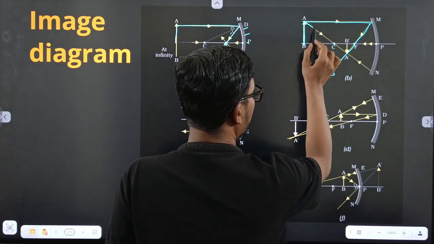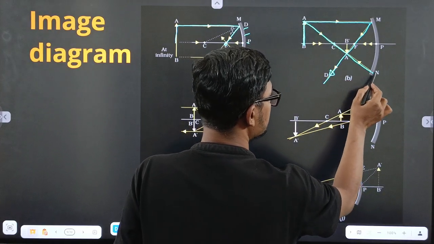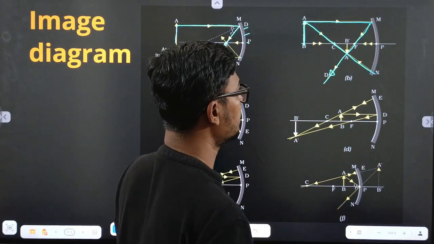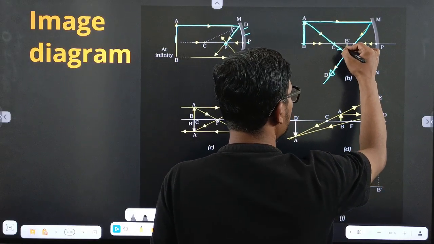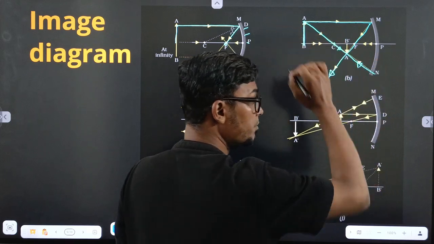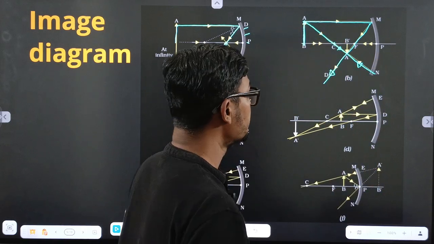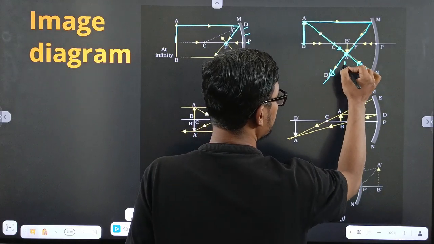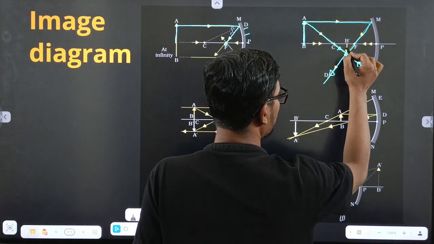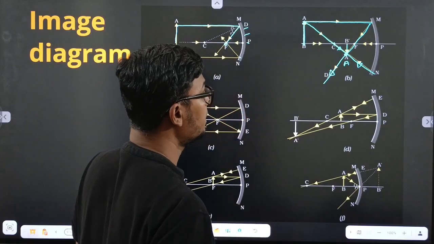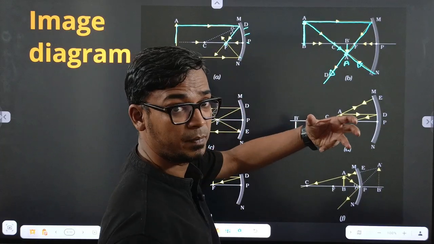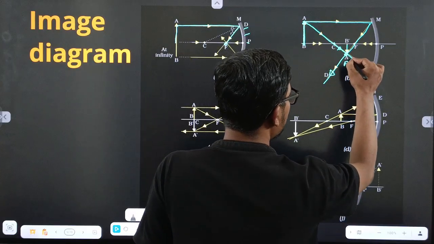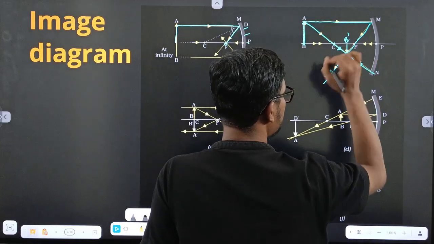And if you draw another incident ray which falls through the center of the curvature, then this ray will go back along the same path in the opposite direction. So the intersection point for this point A is here. Therefore, if you draw a normal to the principal axis, then you can easily find that the image of the object AB is A dash B dash.